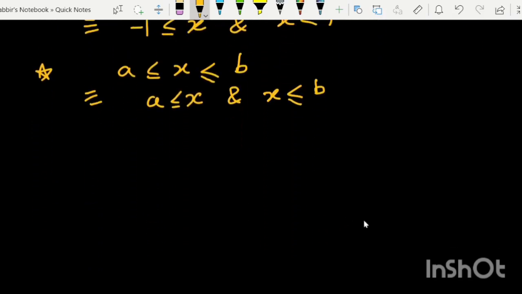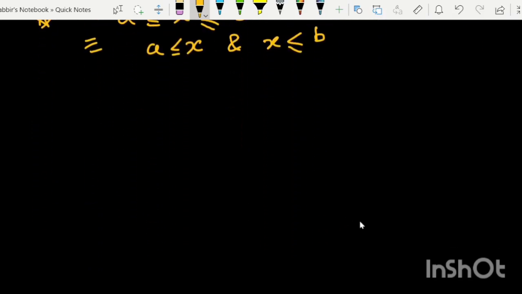So guys, now as I said, we have seen and of two sets. Similar to that, there exists union of two sets.